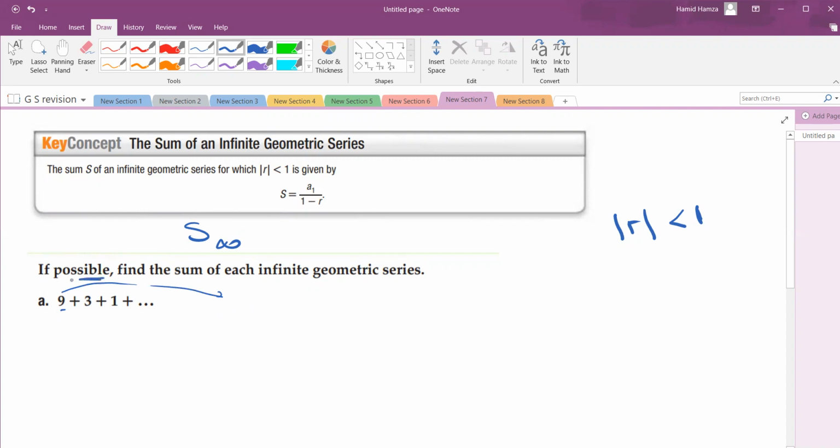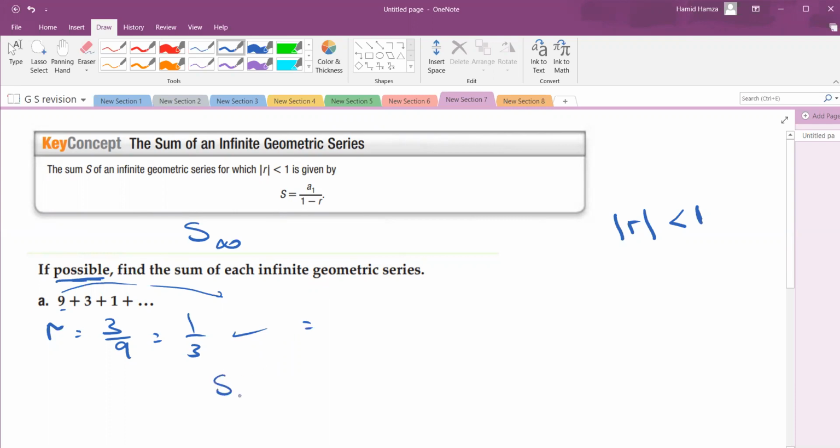He asked you if it is possible, so we need to check the common ratio. R equals 3 over 9, which is 1 over 3. It is a proper fraction. Yes, we can find the sum to infinity. How to find it? By applying this rule.